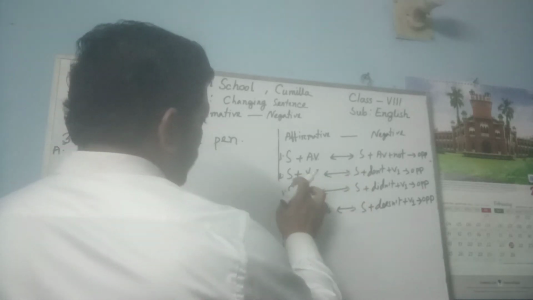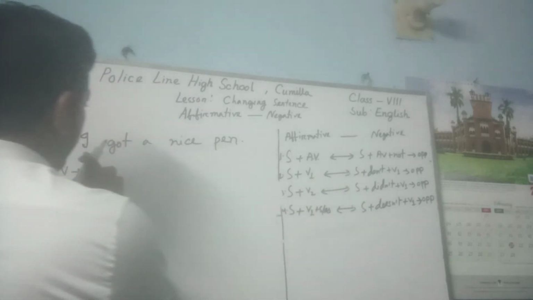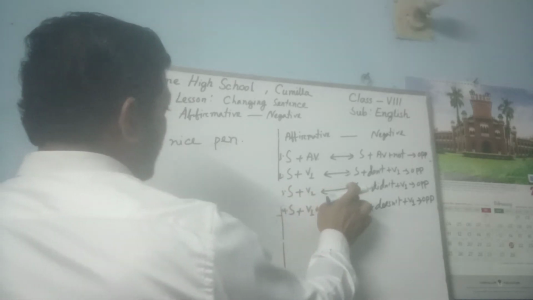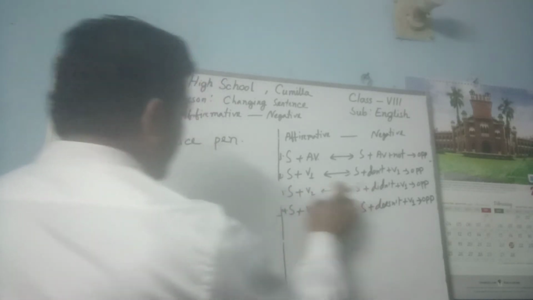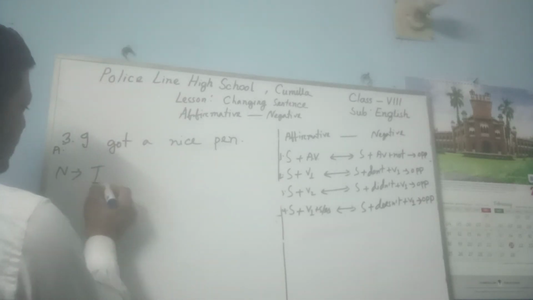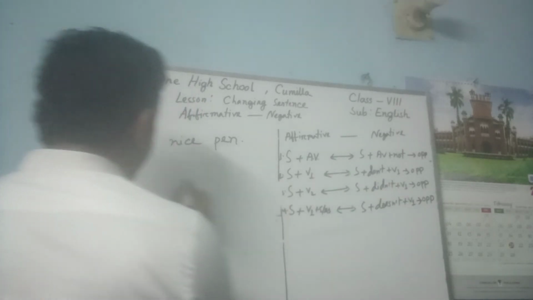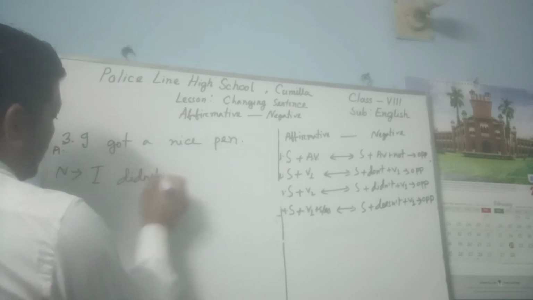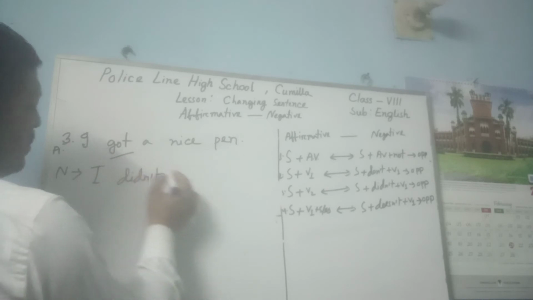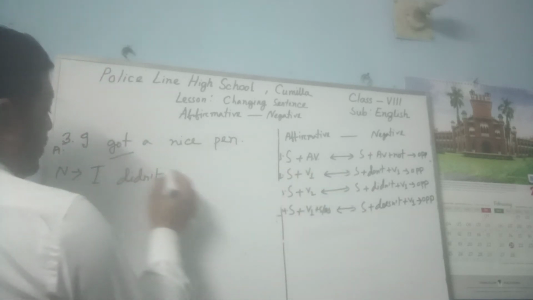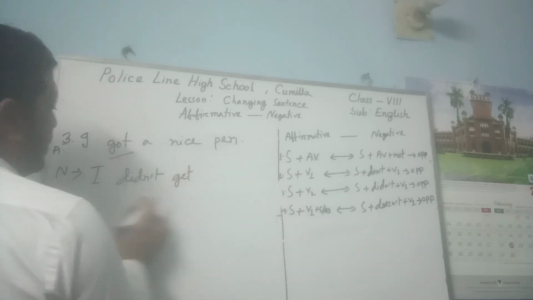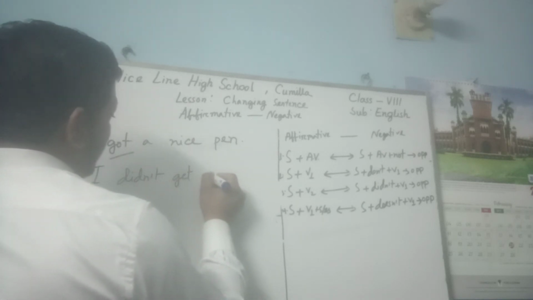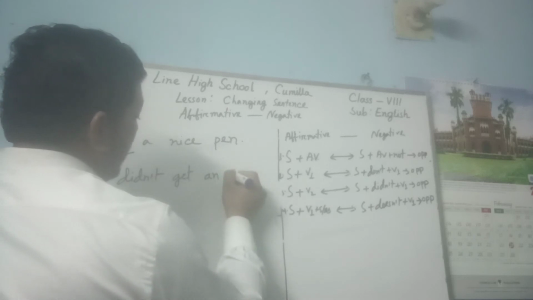Look at the rule. At first subject, then verb 2. So in the negative, at first I have to write subject. Subject is I. Then I have to write didn't. I didn't. I have to write verb 1. That is get. And then I will write ugly.